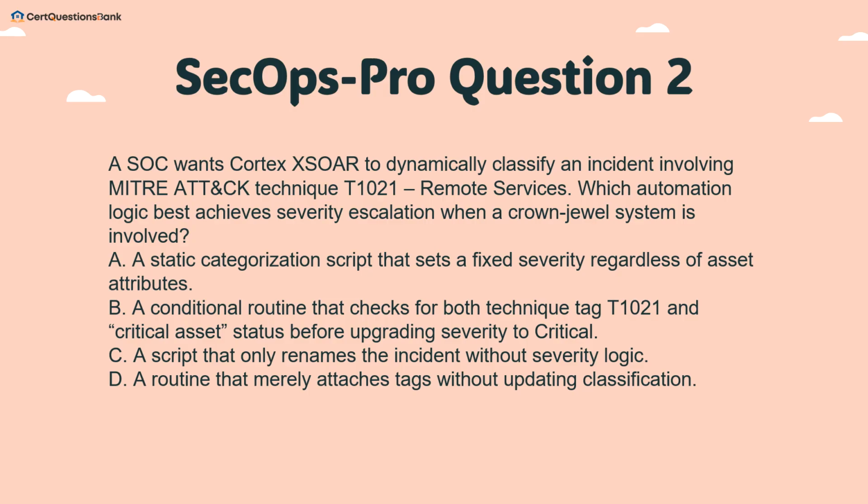B. A conditional routine that checks for both technique tag T1021 and critical asset status before upgrading severity to critical. C. A script that only renames the incident without severity logic. D. A routine that merely attaches tags without updating classification.